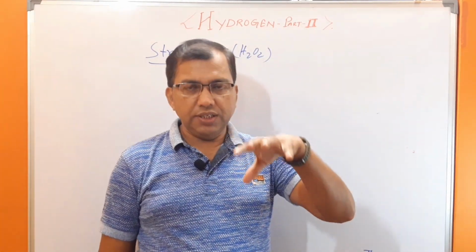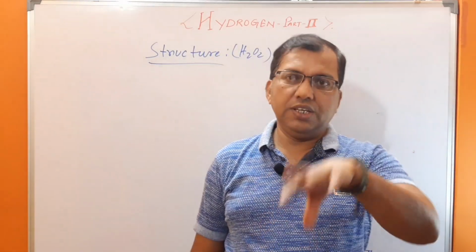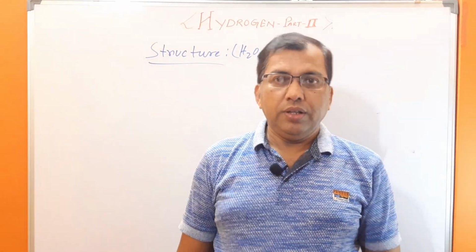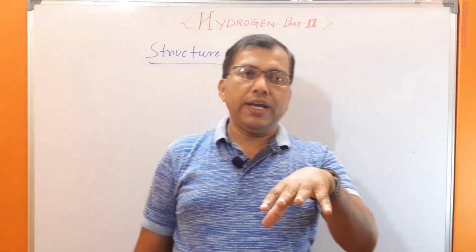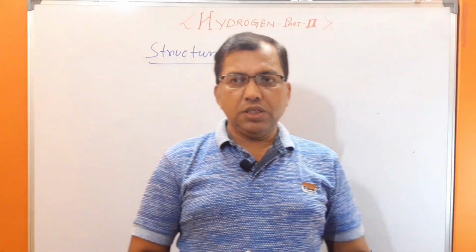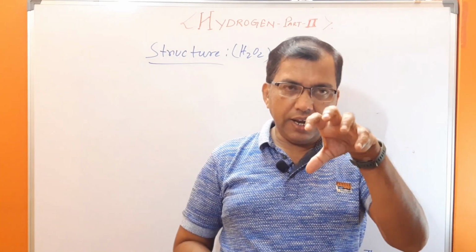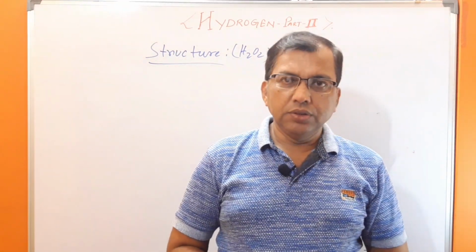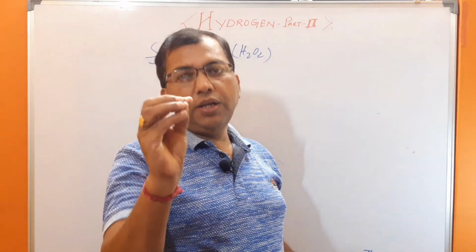In some cases, H2O2 is used in pollution control treatment of domestic as well as industrial effluents. It is also used as a propellant for rockets and torpedoes. These are the main uses; it has many uses, I have told only the main ones.